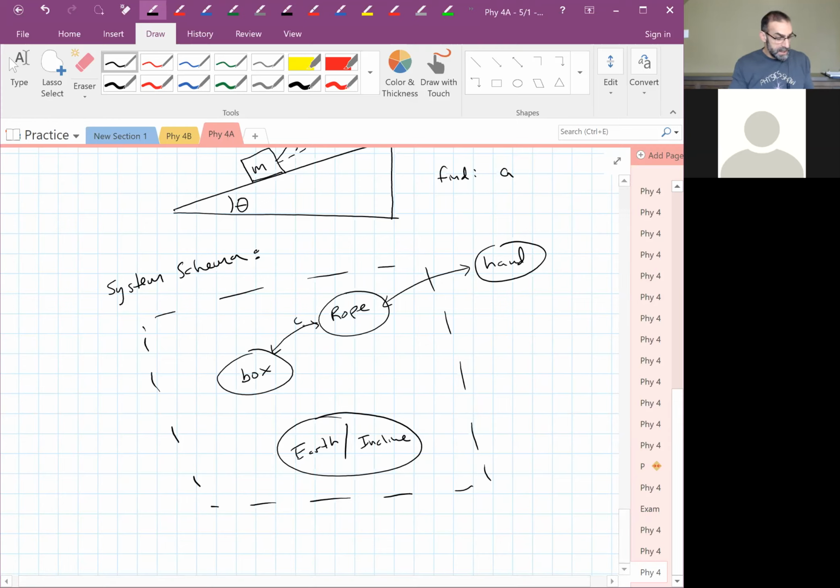And the box is touching the incline. And so there's a contact force there. And we always split that contact force into two forces, right? A normal force and a friction force. So I like to draw it like this. I like to draw it like a double arrow. So I know that there's two. There's one force that's represented by this side.